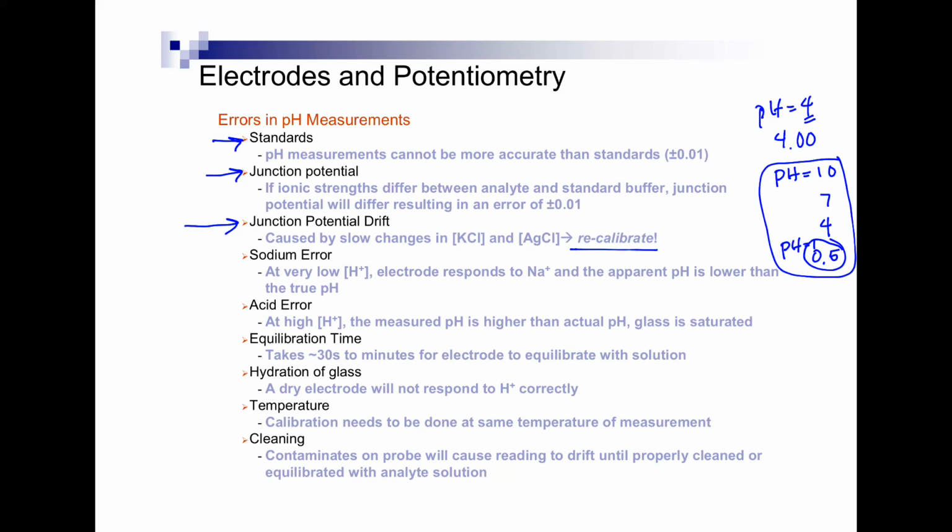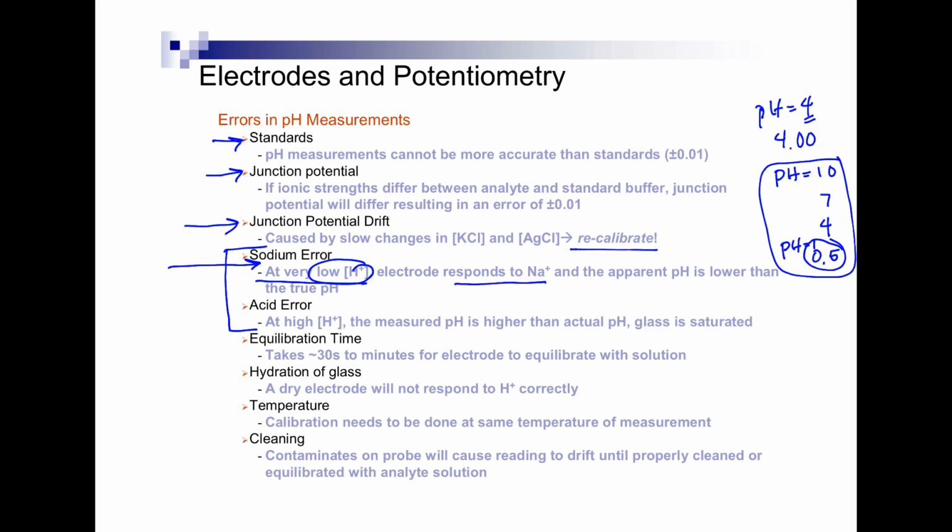Okay, now these two kind of go together. The first one is a situation in which we have very low hydrogen ion concentration. That would be at very high pHs, and at very high pHs there are very few hydrogen ions, and the glass electrode is basically just hungry for positive ions, so it's going to respond not just to hydrogen ions but also to sodium ions that are in solution.